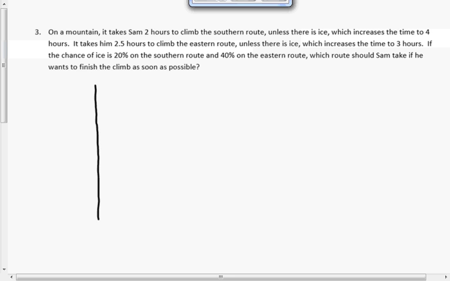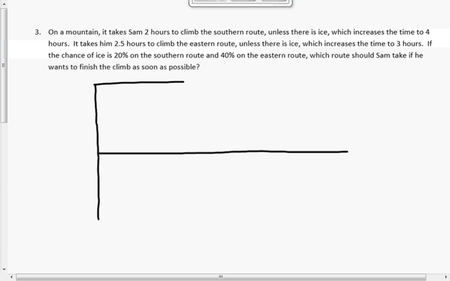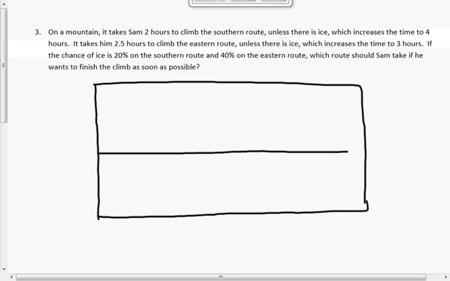So make your table, and you're just going to work on filling it in the same way that we did earlier. Outcomes, probability.